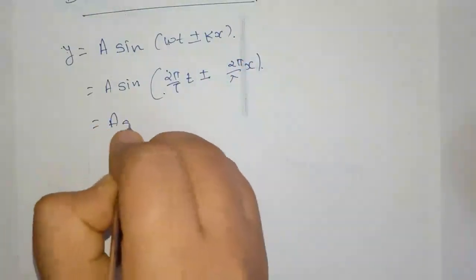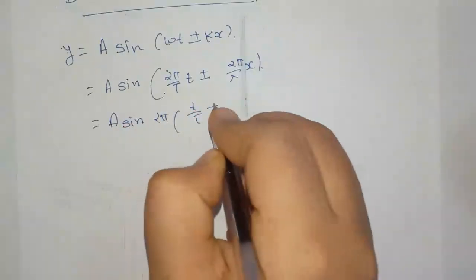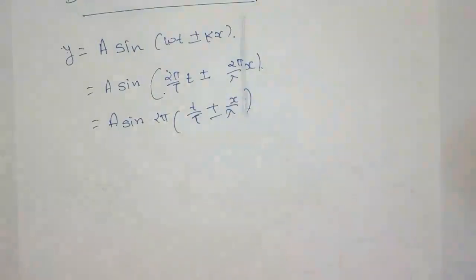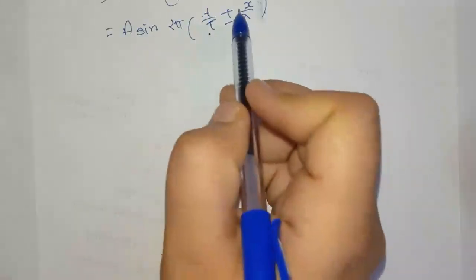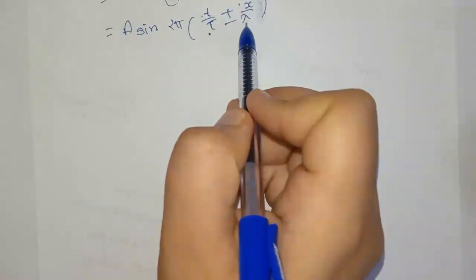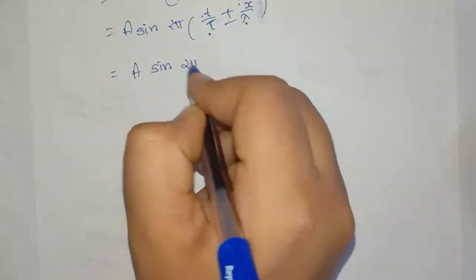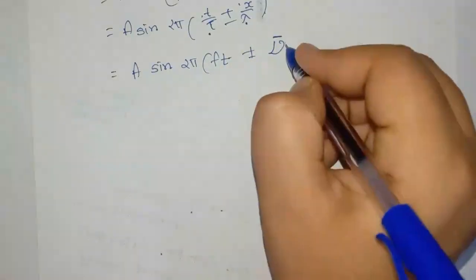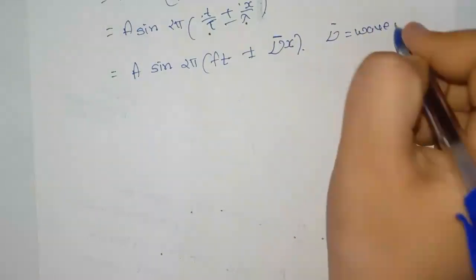So that will be a sine of 2 pi, t by capital T plus or minus x by lambda. But 1 upon time can be written as frequency and 1 upon lambda is the wave number. So a sine of 2 pi ft plus or minus nu bar x. Here nu bar is the wave number.